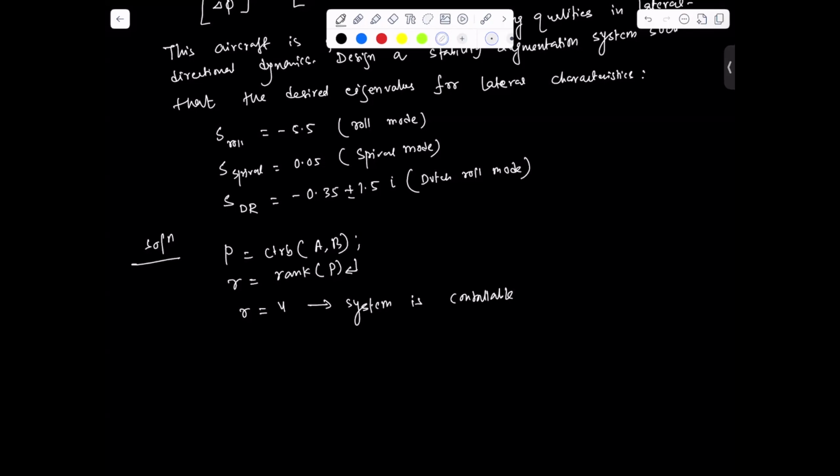So we can control all the states in the system. All states are affected by the control inputs.